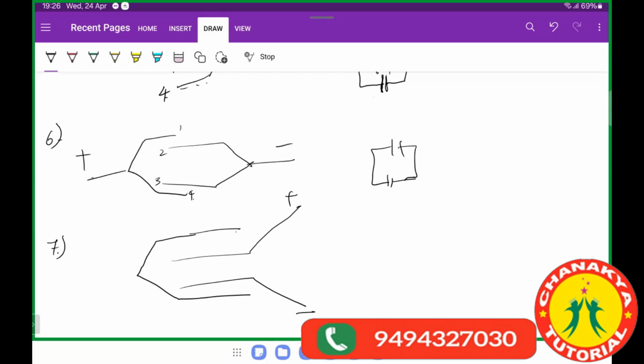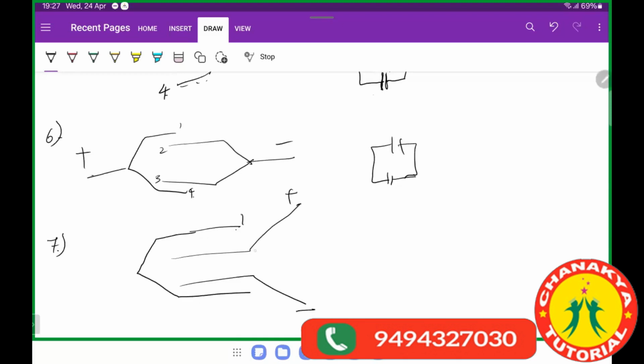It's just a combination. There is a series also and parallel also. Now you have to identify. Let's give a name. So 1, 2, 3, 4. 1, 2, and 3, 4 are in series together, and both of them together are in parallel with 2 and 3. Very good. Super.